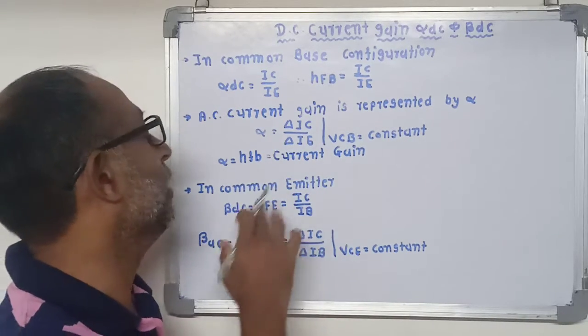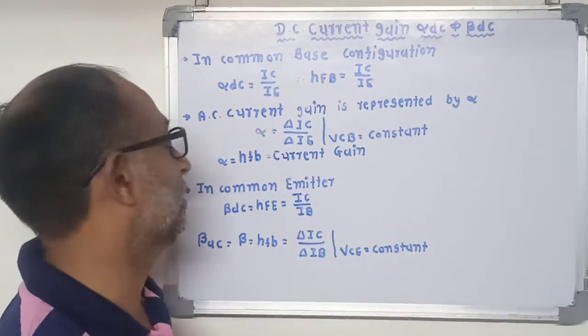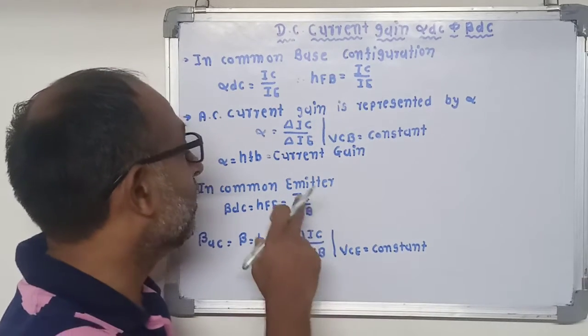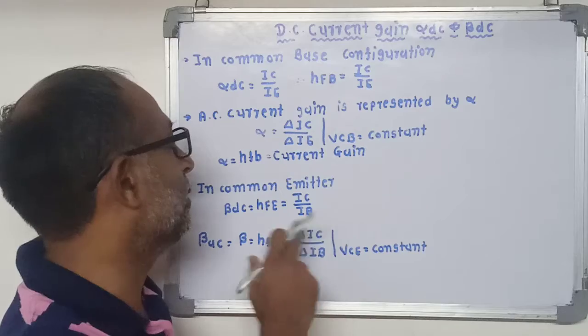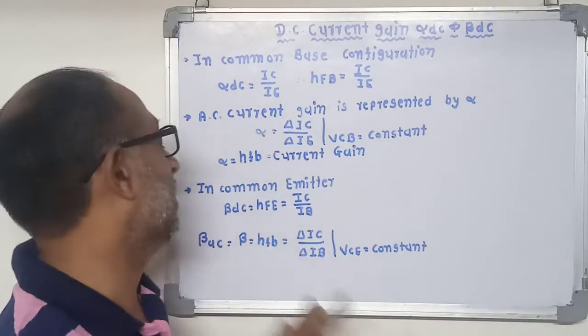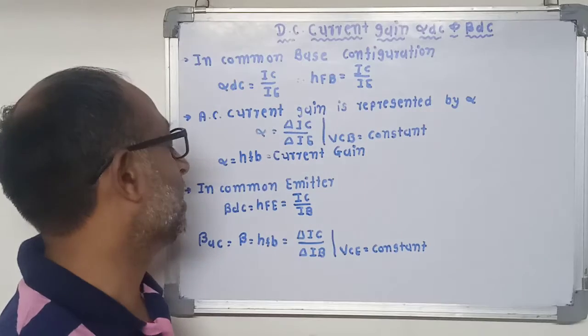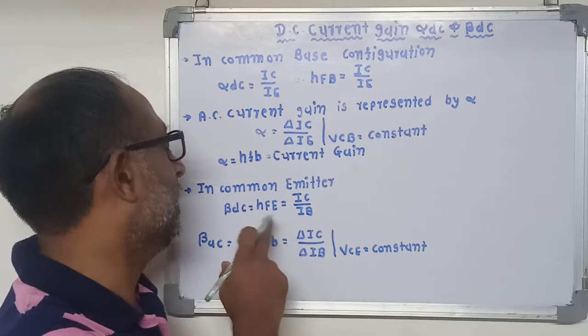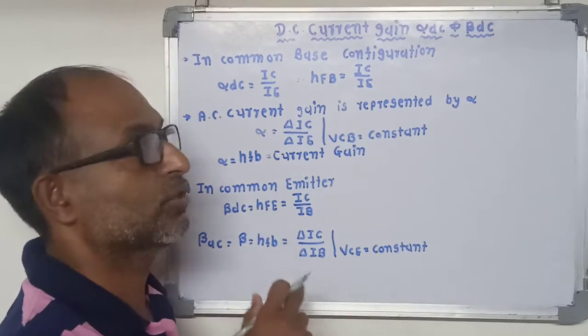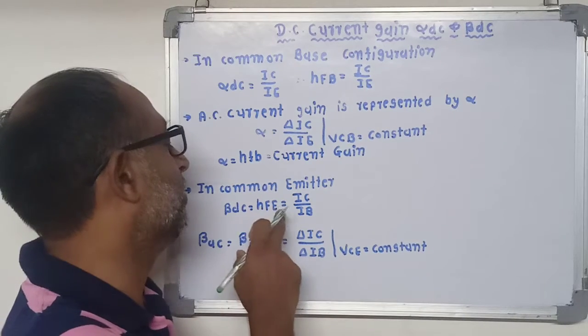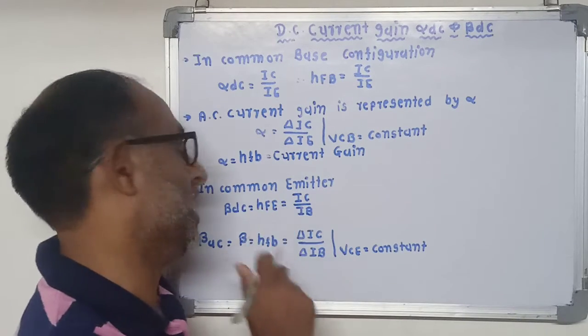Now similarly, in common emitter configuration, the ratio between collector current to the base current is known as beta DC. It is also expressed as hFE. So we can write hFE is equal to IC by IB.